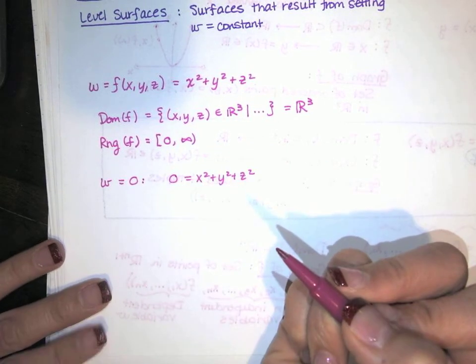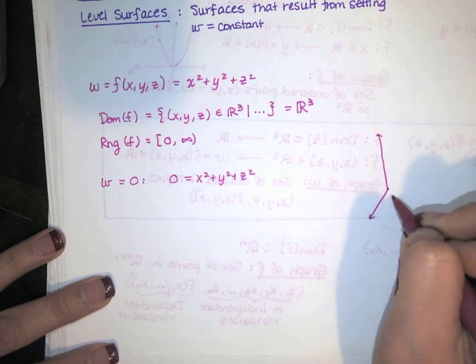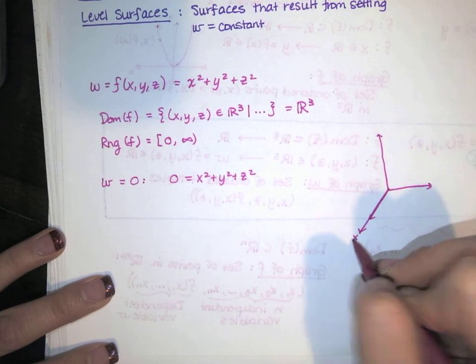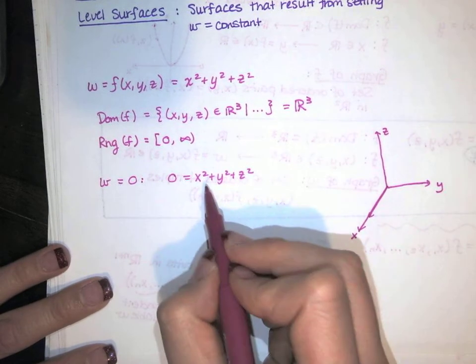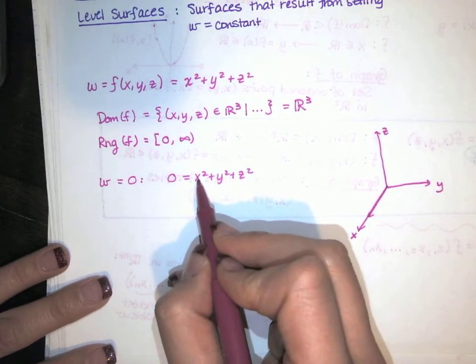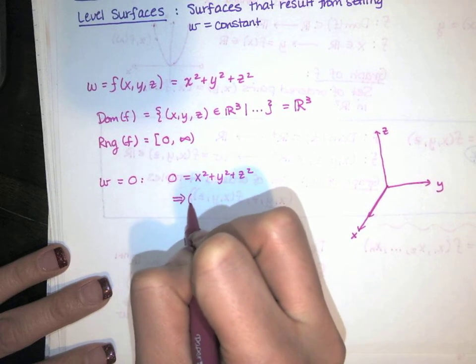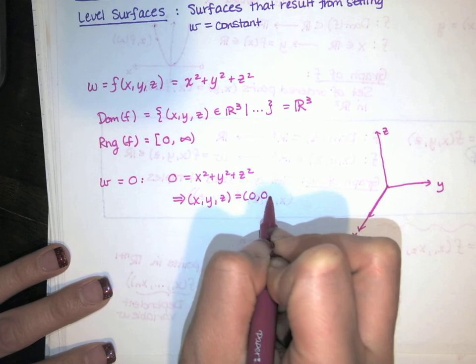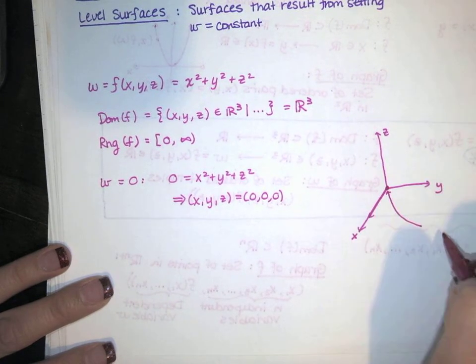Now this is a particularly boring level surface. Not much going on here. There's x, there's y, there's z. Well, the only way this is going to be 0 is if x is 0, y is 0, and z is 0. So we get the ordered triple 0, 0, 0. So when w equals 0, we're right here at the origin.